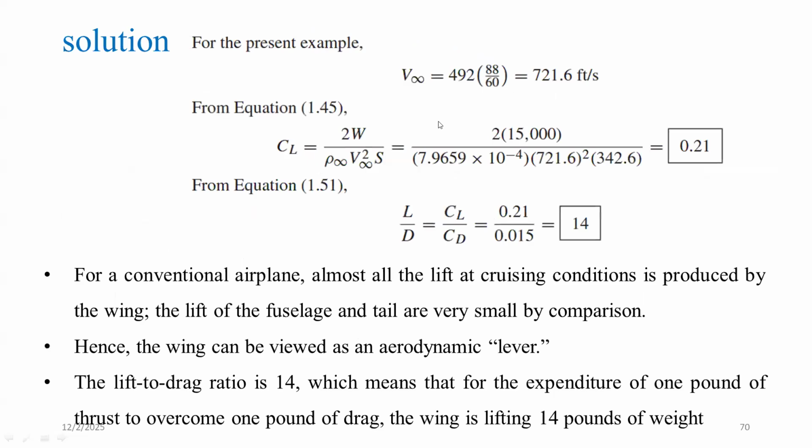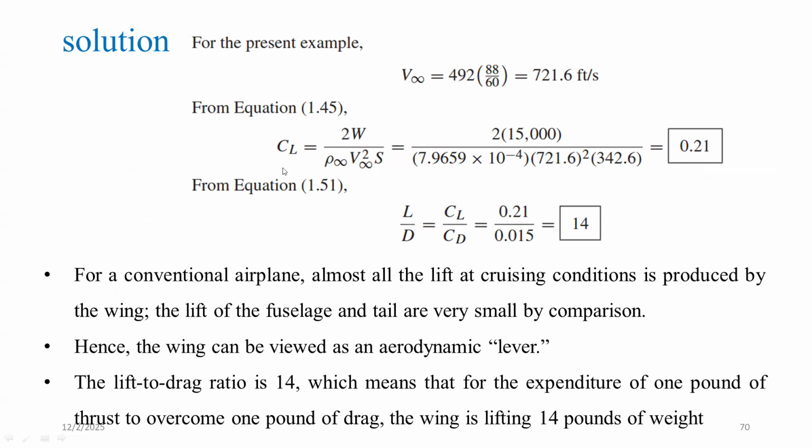Velocity in feet per second is equal to 492 times 88 over 60, which gives you 721.6 feet per second as the speed.